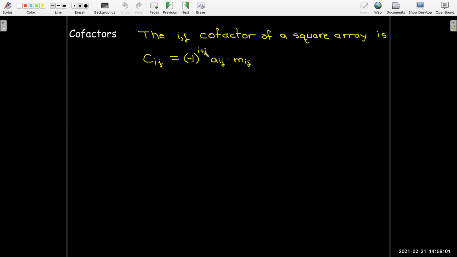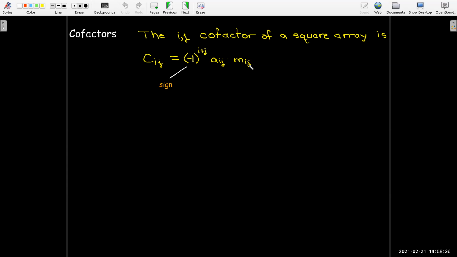If i plus j is odd, the sign will be negative. You have the entry at the ijth spot in the array, so the ith row and the jth column, and you multiply that times the minor associated with that same row and column.